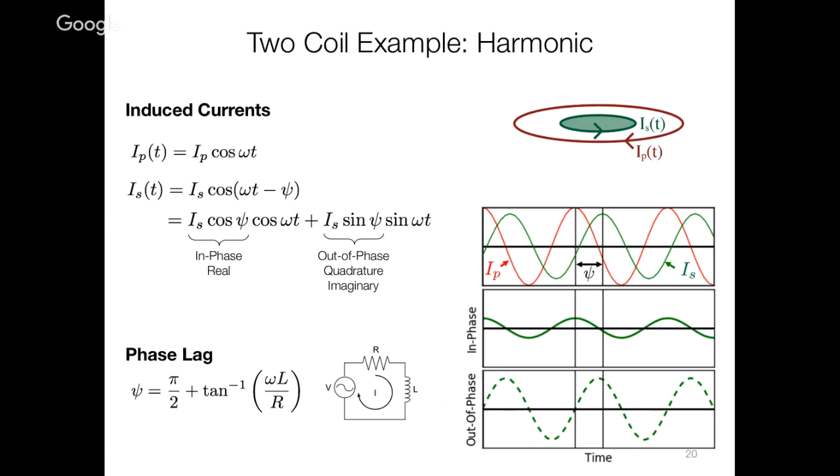It's got an expression that's given by this. This quantity is the induction number, omega L upon R. And whatever combination of these gives the same number, we're going to have the same phase lag. Okay, so that's the induction number.